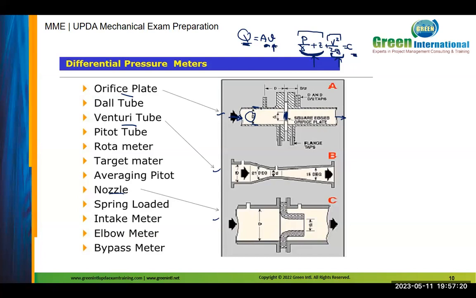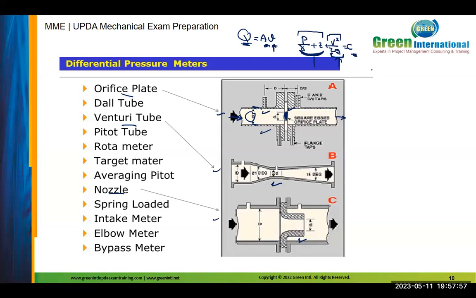So the idea at the end is the same: make a contraction in the diameter, obtaining one regular diameter and one smaller. Then I measure the static pressure for the first and second cases, the static head. H static plus H dynamic equals a constant.